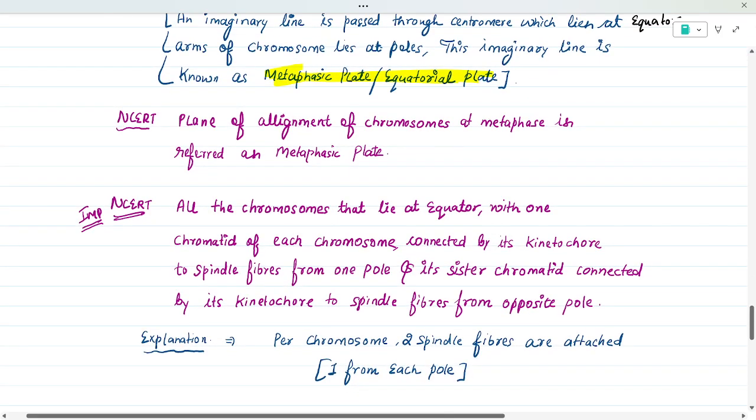In NCERT, one another line is written: all the chromosomes lie at the equator with one chromatid of each chromosome connected by its kinetochore to spindle fibers from one pole, and its sister chromatid connected by its kinetochore to spindle fibers from the opposite pole. In simple words, one chromosome has 2 sister chromatids and each chromatid is attached to the centriole with the help of kinetochore fibers.